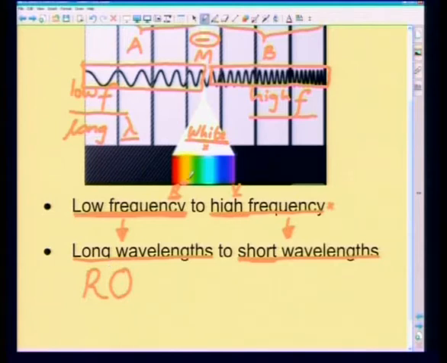And next to orange, very close to each other, we have yellow. So I'll have Y for yellow. And just after yellow, we begin to have some green forming. So there is green in white light. After that, we have some blue forming. So that will be blue light, or blue color of light.